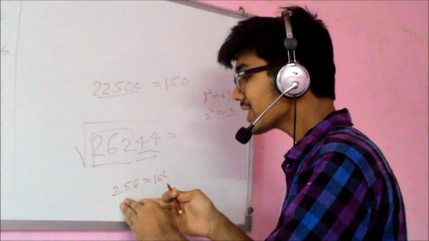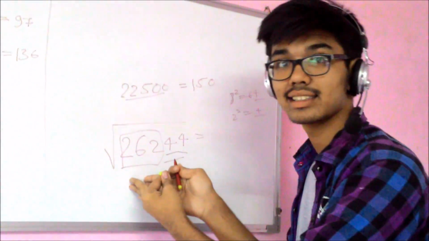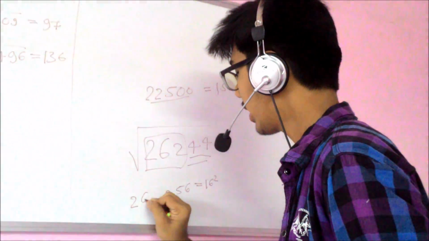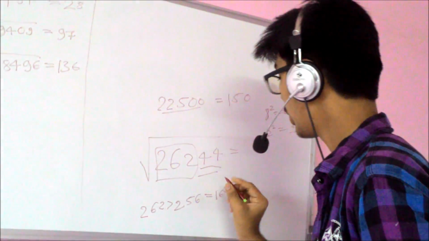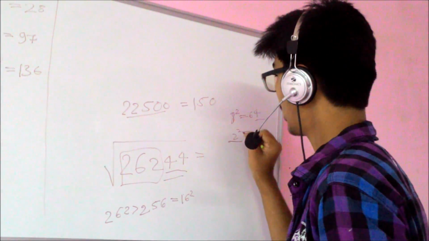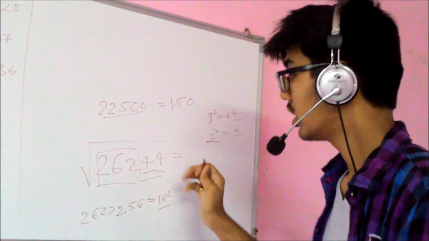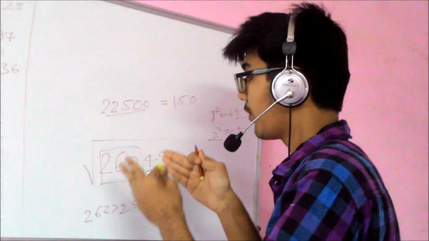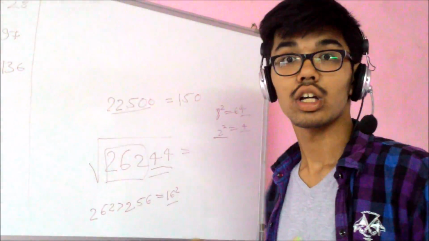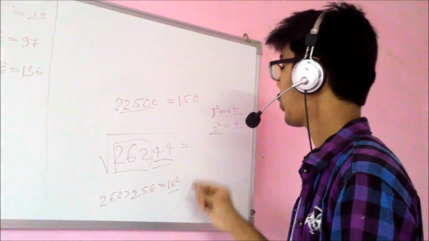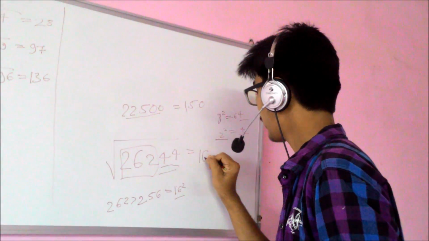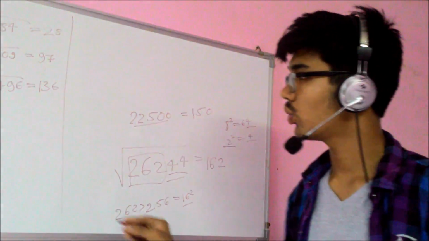As the perfect square is less than 262, we'll take the lesser number from these two, that is 2, and 16 from here. So the square root of 26,244 is 162.